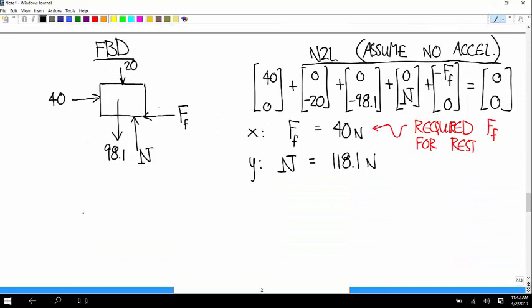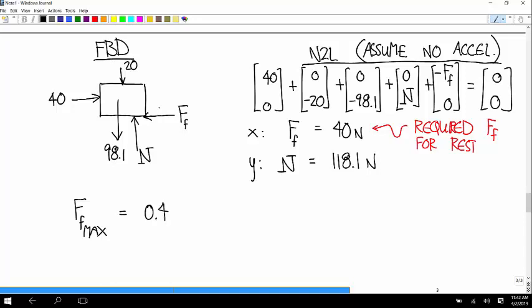And now we can calculate the maximum force of friction. That's equal to the coefficient, which was given as 0.4, times the normal force, which we calculated.